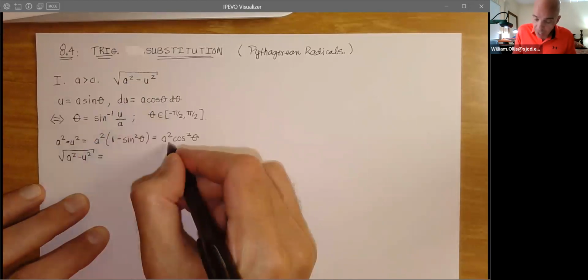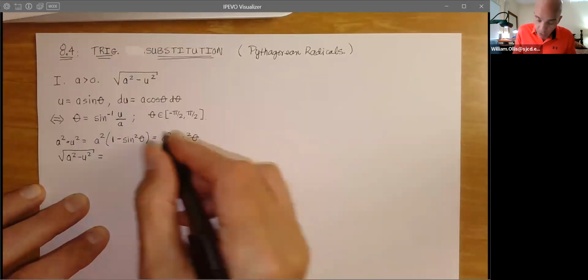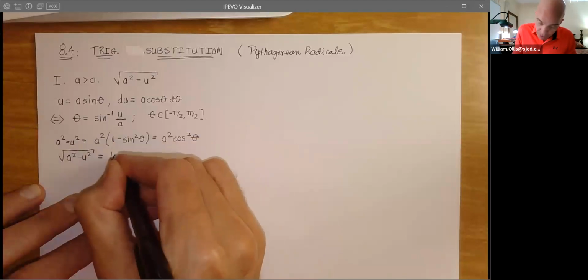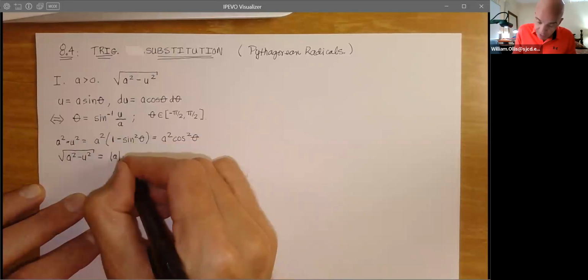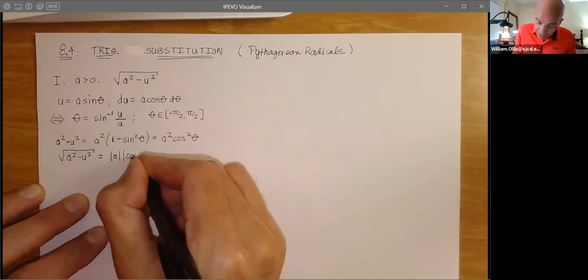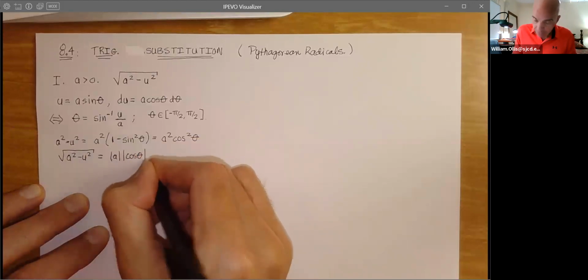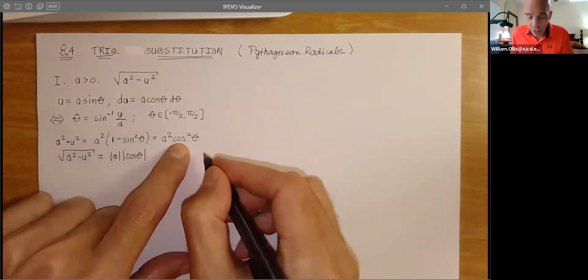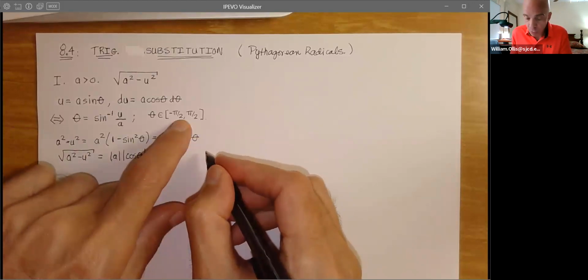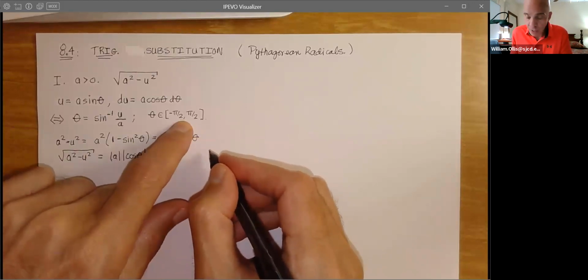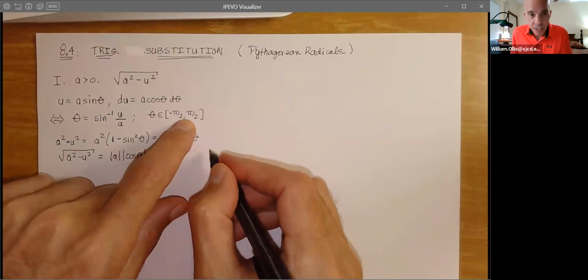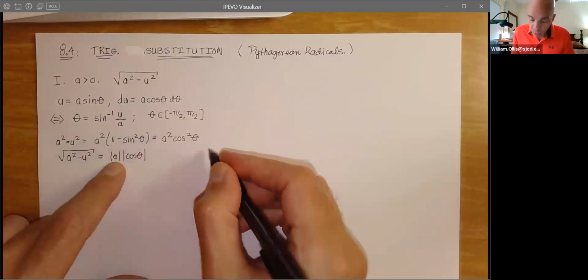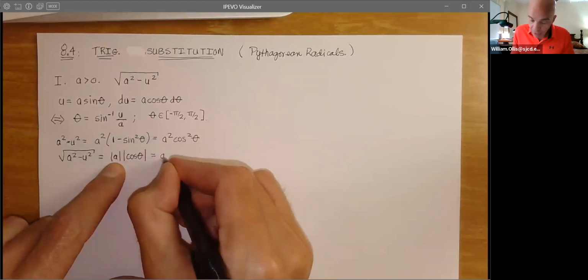So now a is positive, so we just get the absolute value of a, which is going to be a, and then we just get the absolute value of cosine theta. Again, the square root of the square is the absolute value, but of course here with our inverse trig functions, the cosine function is non-negative here. So again, we just get a cosine theta.